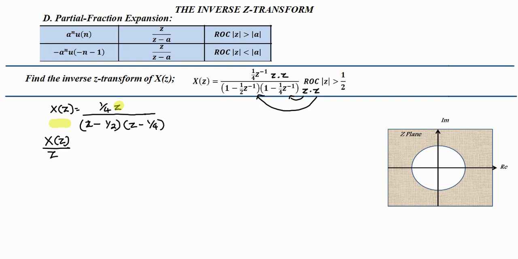Perform the partial fraction on this expression X of z by z, then you will get 1 by 4 divided by z minus 1 by 2 into z minus 1 by 4. Now we can split this into A by z minus 1 by 2 plus B by z minus 1 by 4. This is known as a partial fraction.